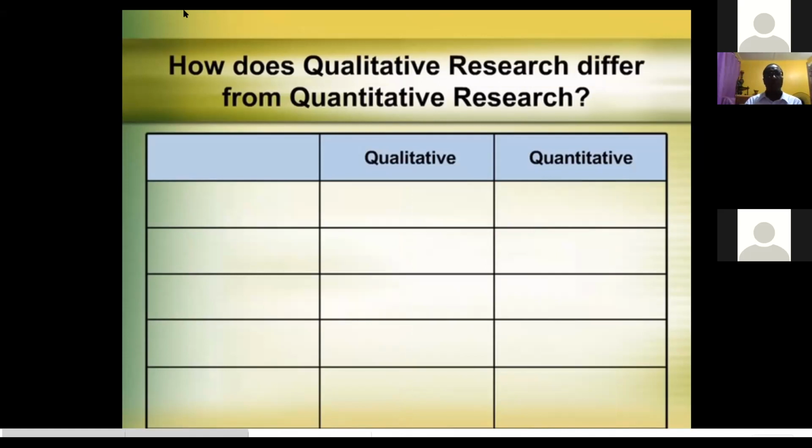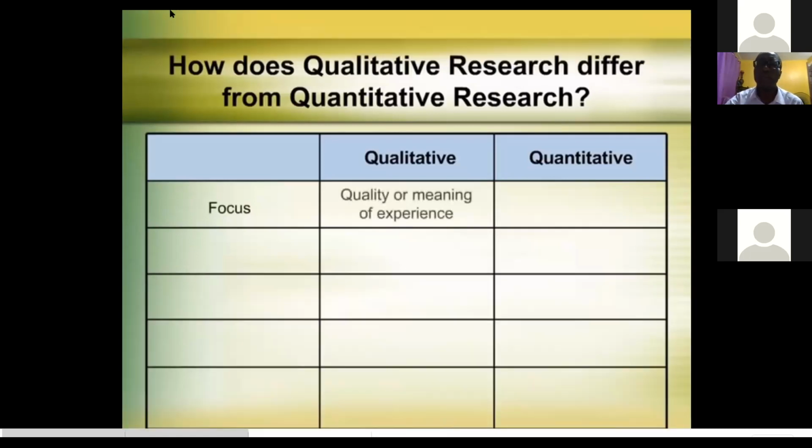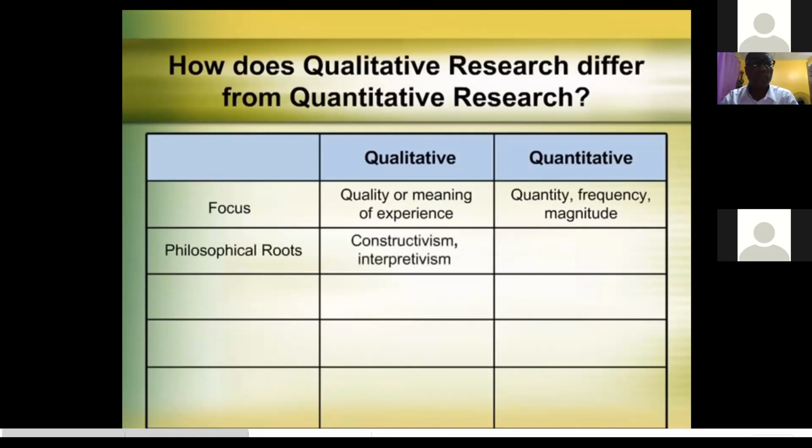This table illustrates some of the key differences. Focus. Qualitative research focuses on the quality of experience, trying to describe or understand the essence or nature of human experience. Quantitative research, on the other hand, focuses on more measurable factors, asking questions such as how much, how many, or how frequently. Philosophical roots. Qualitative research integrates more subjective human experience, rather than purely objective external reality.